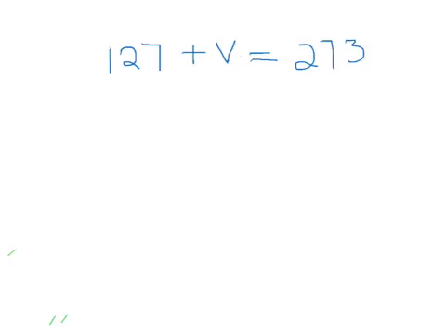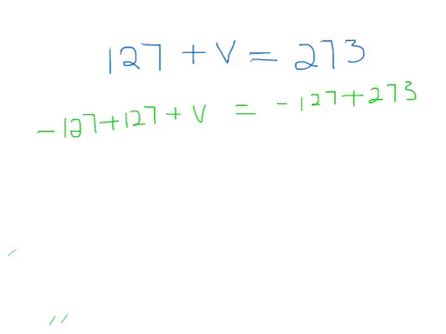So if I put negative 127 on this side, to keep the equivalence, I have to add that negative 127 to the other side. This gives me 0, so 0 plus v is just going to be v.